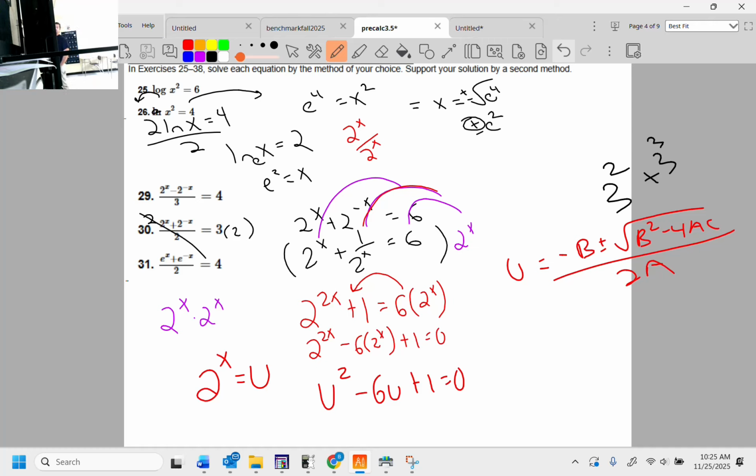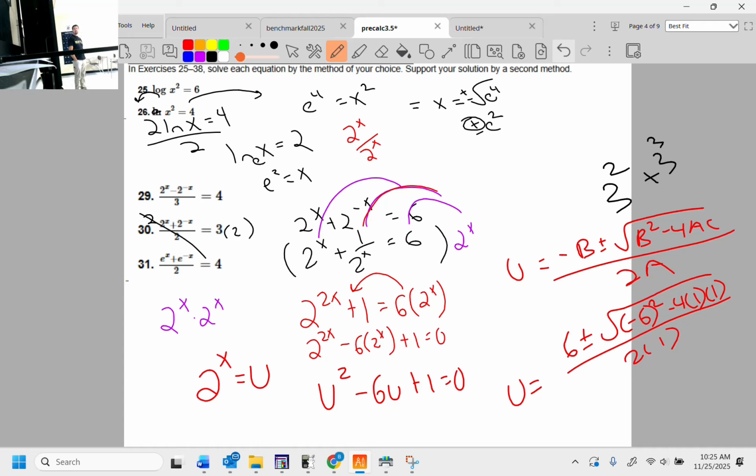Alright, so it looks funny, but it is what it is. B is going to be negative 6, so it'll be 6 plus or minus square root of negative 6 squared minus 4 times a, which is 1, times a 1, all over twice a 1. Remember, this is u, not x.